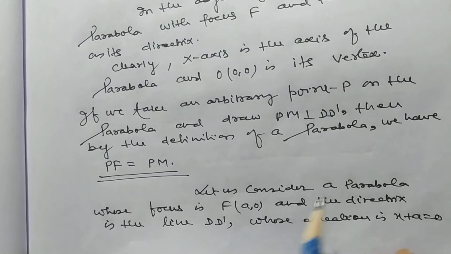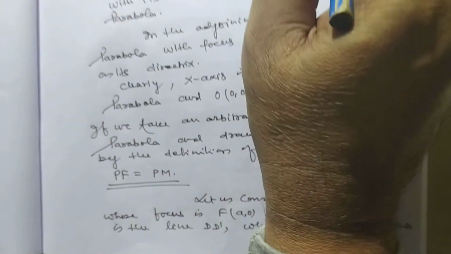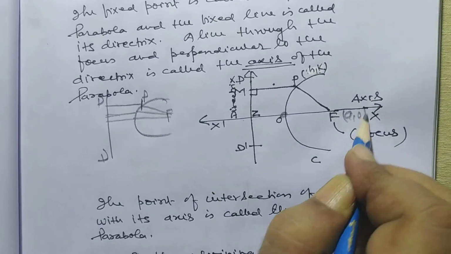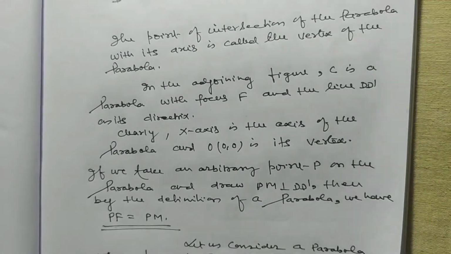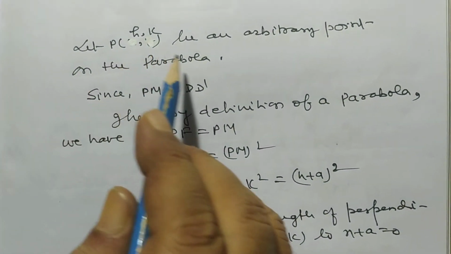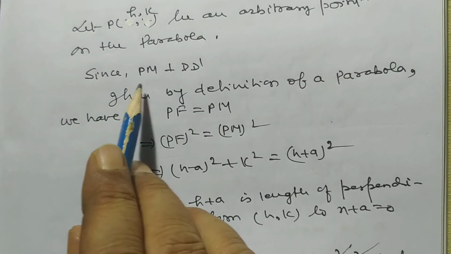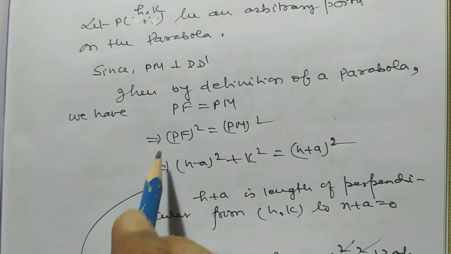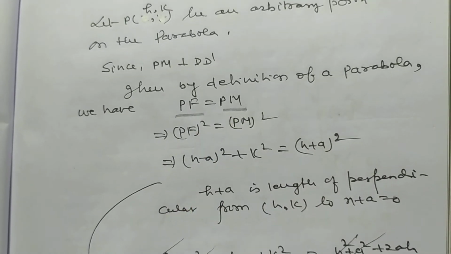Let us consider a parabola whose focus is, suppose, A, 0, and the directrix is DD dash, whose equation is x plus a equals 0. Let P(h, k) be any arbitrary point on the parabola. Since PM is perpendicular to DD dash, then by the definition of parabola we have PF equal to PM.